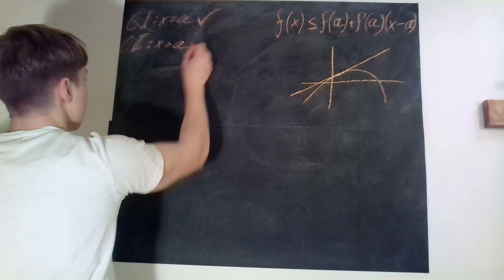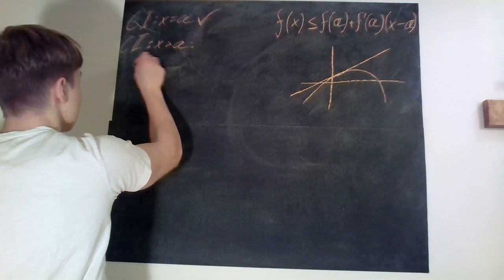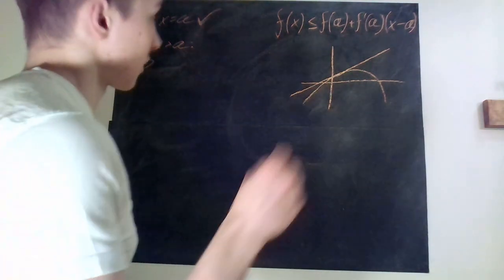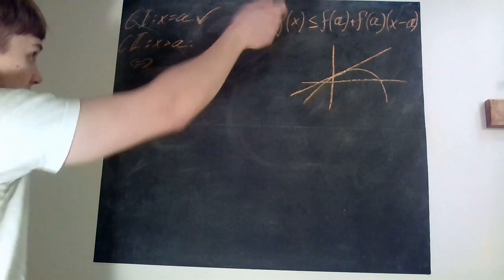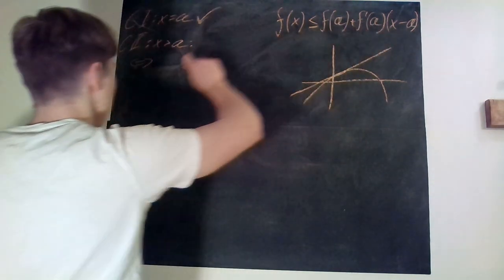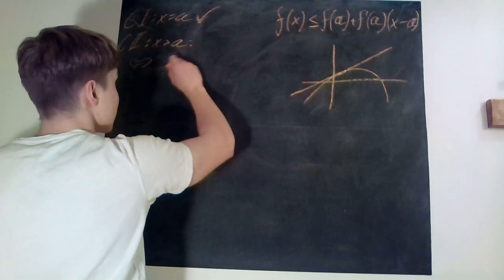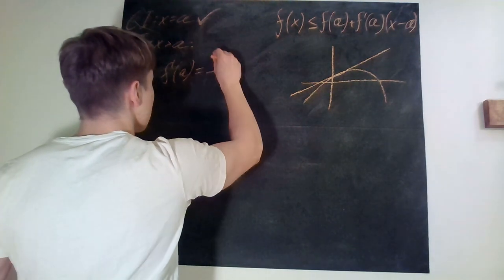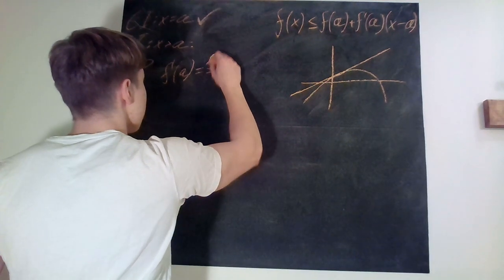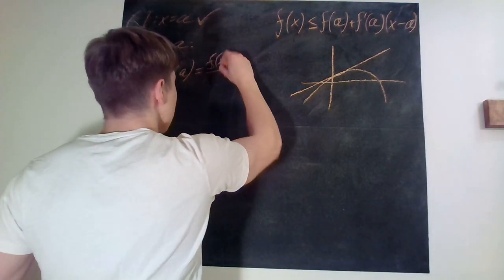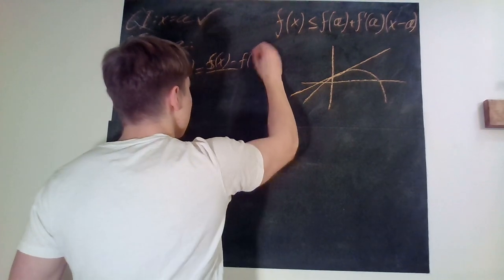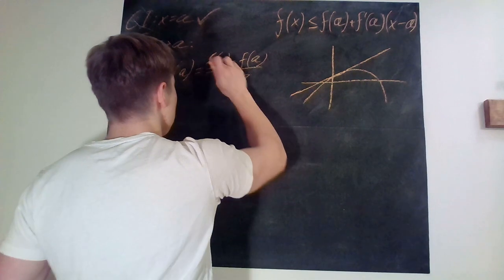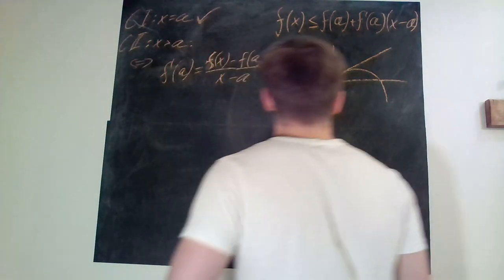Then we can rewrite this whole thing, because we're dividing by x minus a, and if x is greater than a, then that whole parenthesis is greater than 0. So therefore we can rewrite this as f prime of a is greater than or equal to f of x minus f of a divided by x minus a.